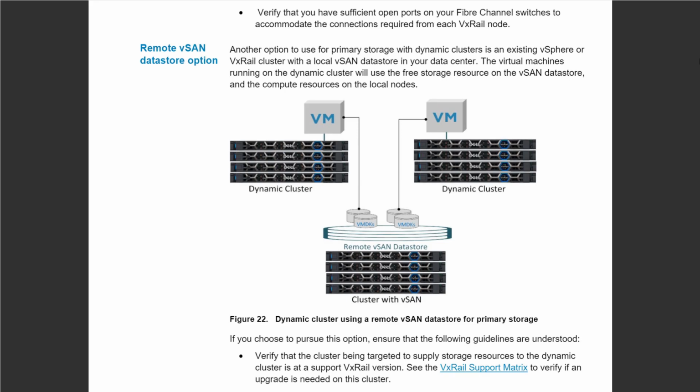It can use an existing VxRail standard cluster running vSAN as the main storage. So here in this example, the cluster with vSAN is the storage cluster. The other two clusters are dynamic clusters with nodes providing compute resources only, with no storage. This is possible using a technology called vSAN HCI mesh. We'll talk about that later in one of the upcoming modules.